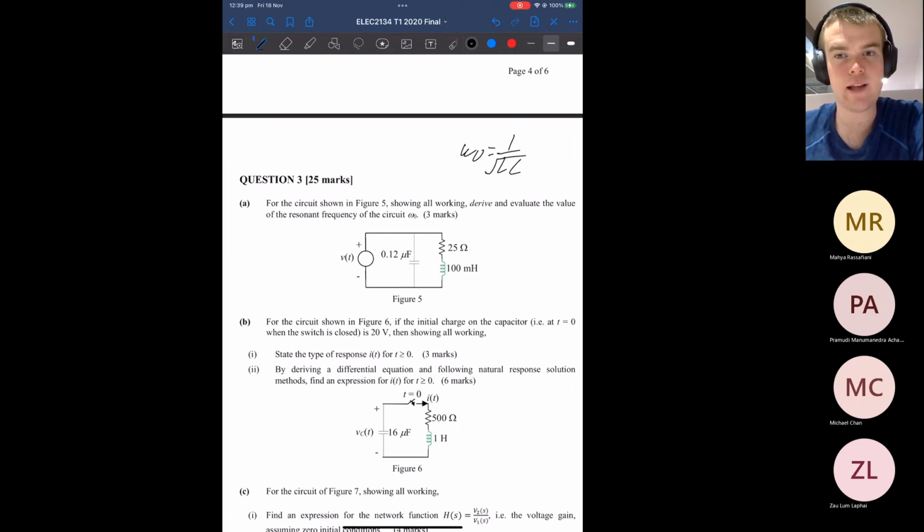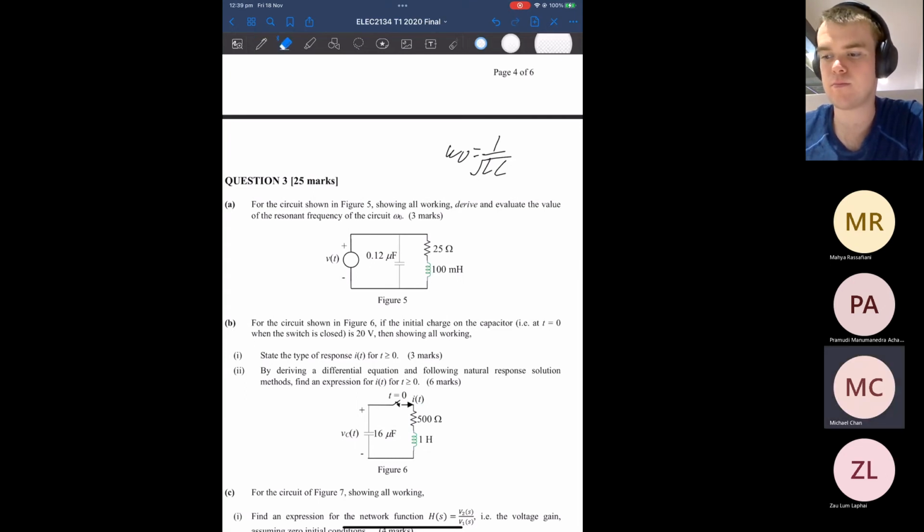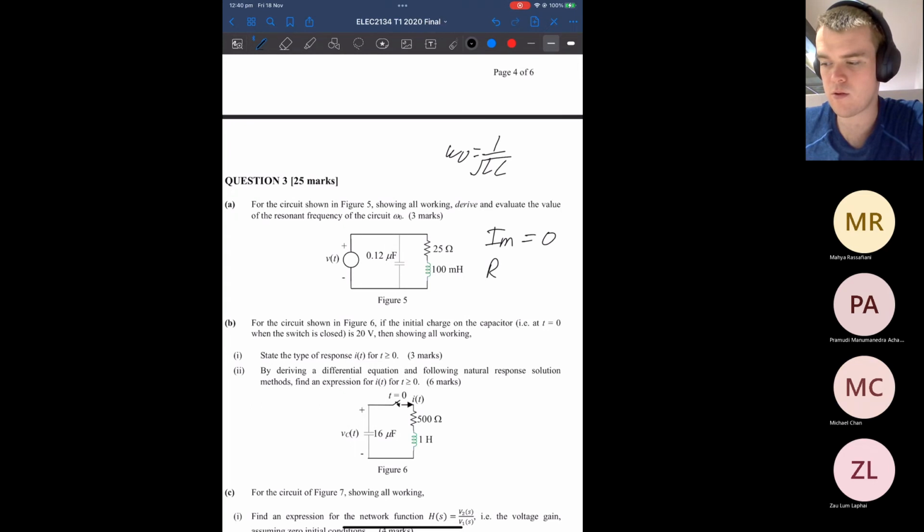So how do we have to analyze this? What do we need for the resonance condition? The impedance of the capacitor and inductor should cancel, so you have a purely real part. The real part can be any real number, but it's mainly solving for the imaginary part equal to 0.